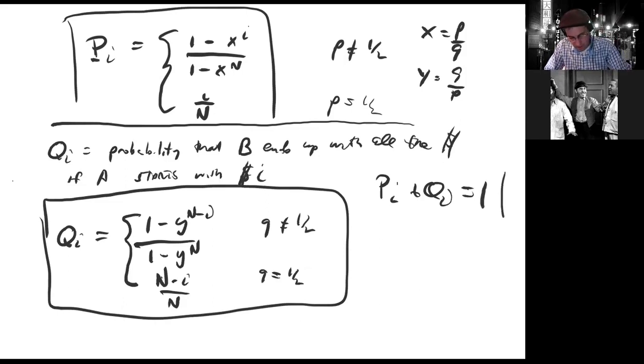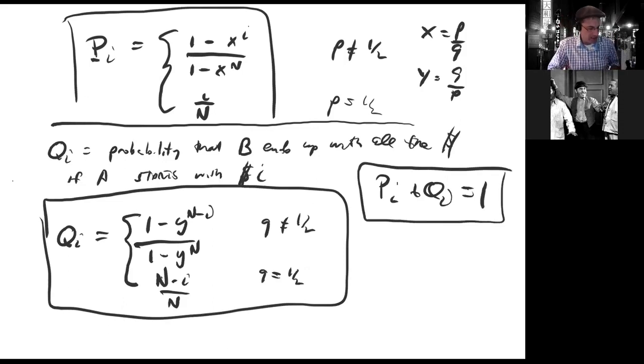Okay, this is just plain old algebra. It's tedious algebra, but what this is telling us is something amazing, or not amazing, but it tells us what is Pi plus Qi. Well, there are two events. The first event is A ends up with all the money if A starts with I dollars. And the other event is that B ends up with all the money if it starts off with n minus I dollars, right? And this is telling me that in either case, because that's what the plus is, it's the event.